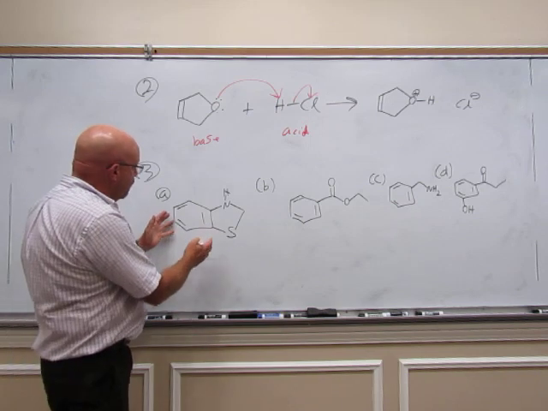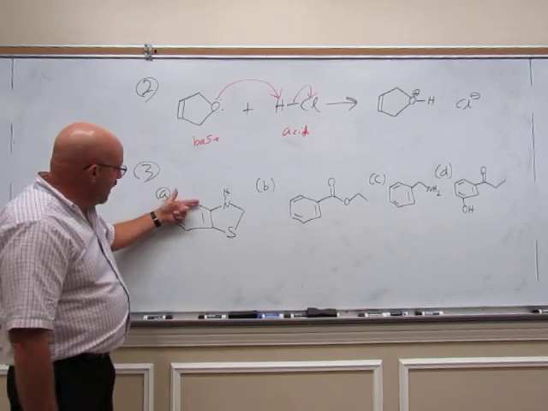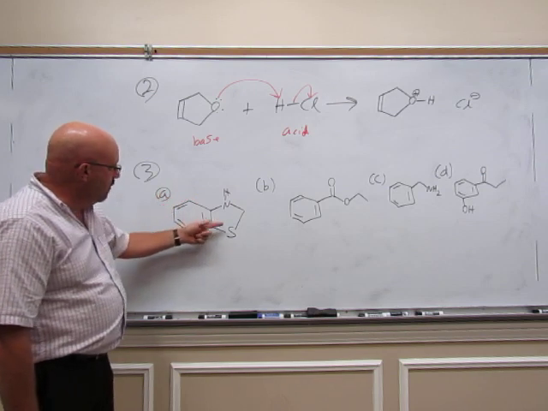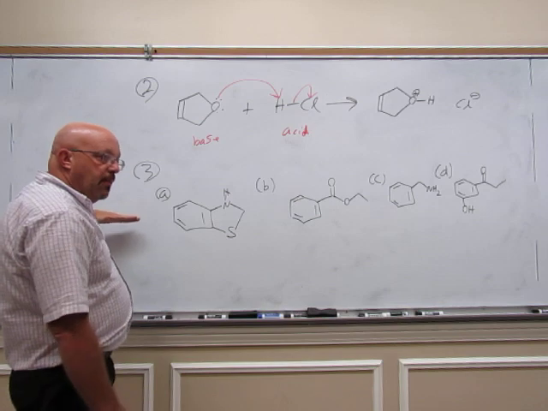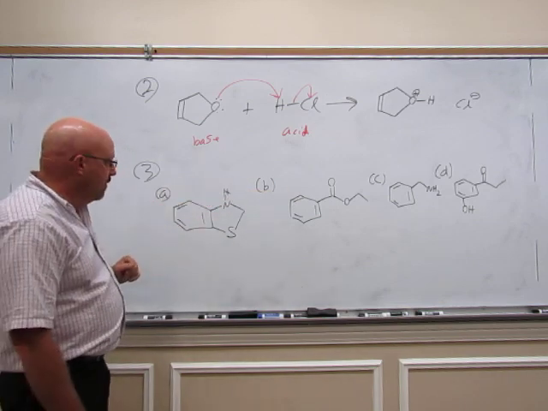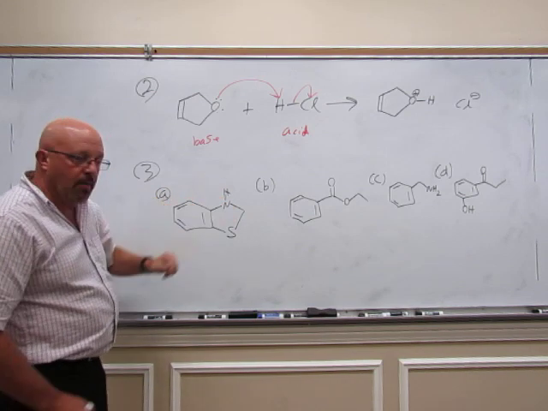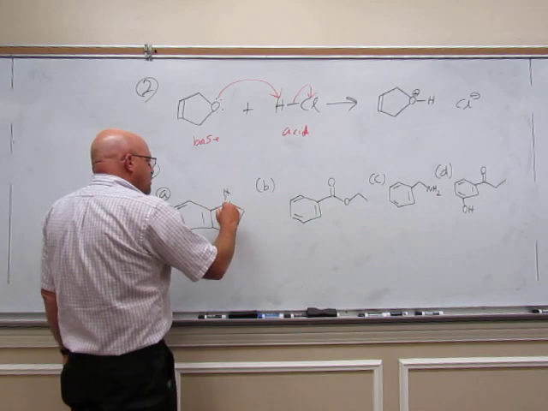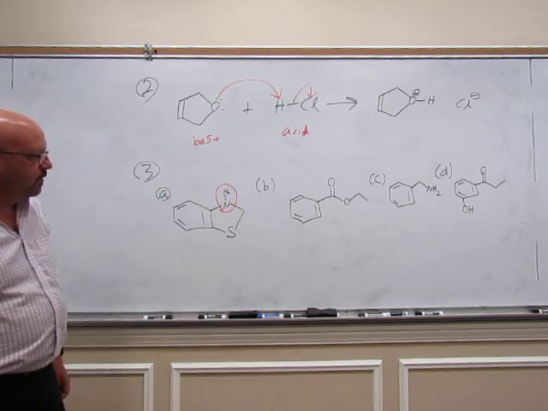Looking at the first one, we're looking at acidity, looking at protons. Let's see what we have. We've got hydrogens on carbons and a hydrogen on a nitrogen. By periodic trend, you get more acidic as you go across a row of the periodic table. So we're more acidic on the nitrogen than on any of the carbons. This is our most acidic hydrogen, on that nitrogen.